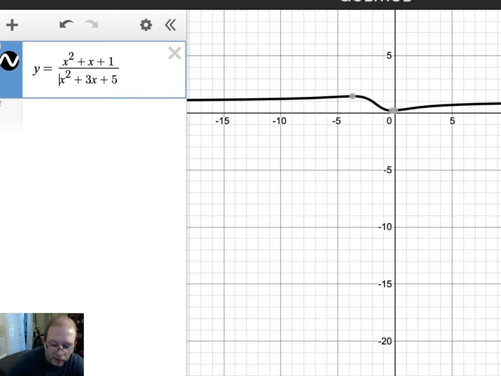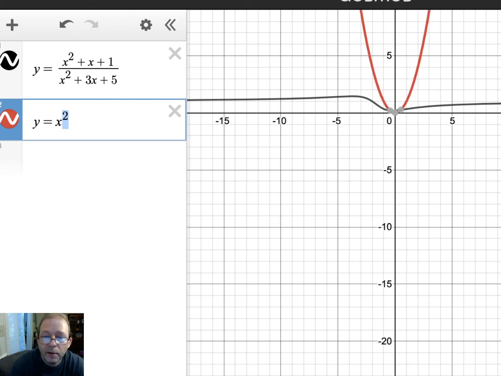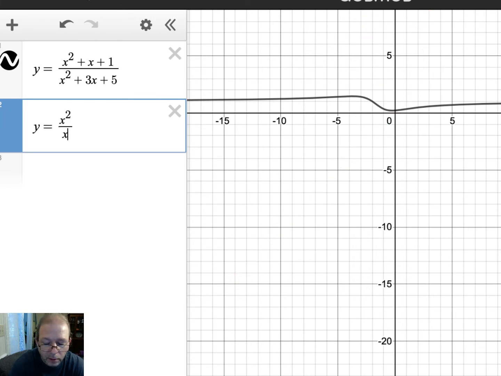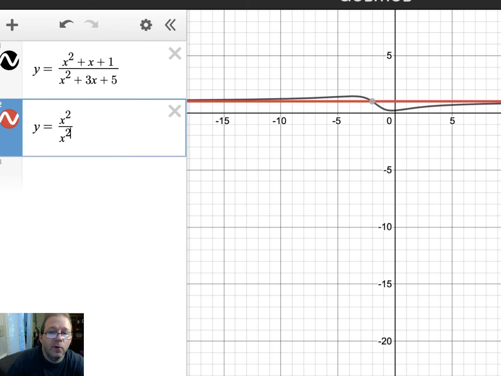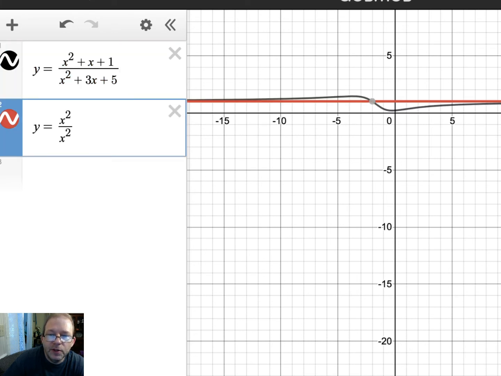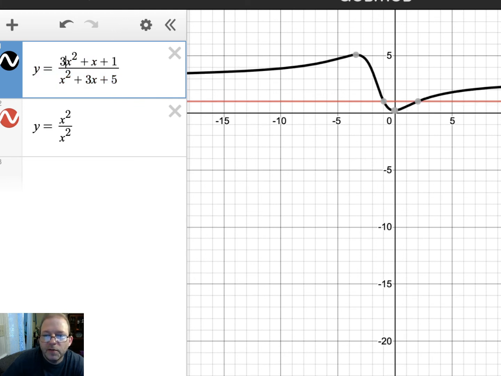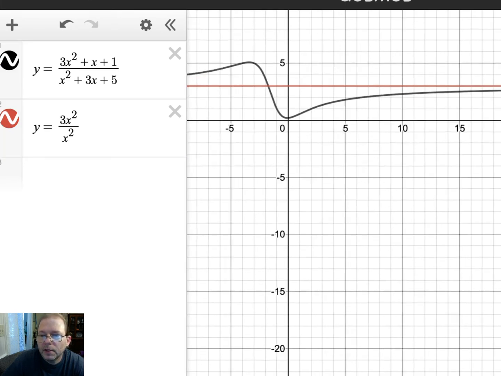If I change these values up here, well, actually, instead of doing that, let's just look at y equals x squared over x squared. Of course, that goes to 1. It's equal to 1. And this, down here, is the rational function we get by just taking the leading terms of the top and bottom of this rational function. So notice if I put in a 3 there, this is approaching 3.